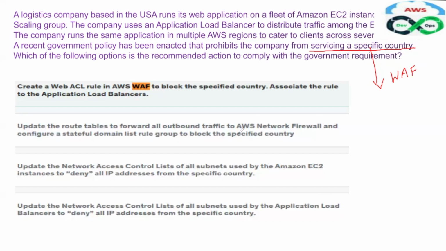Second one, it's a network firewall, not suitable here. Then they're talking about the network access list, not required here. So this would be your correct answer: create a web ACL rule in AWS WAF to block the specified country, and associate the rule to the application load balancer, right? Now, how do you block the request coming from a specific country?